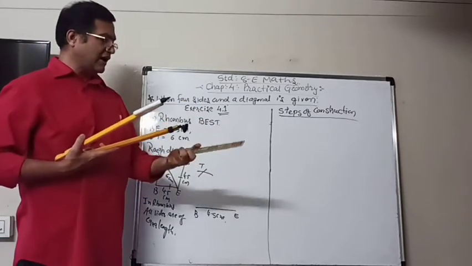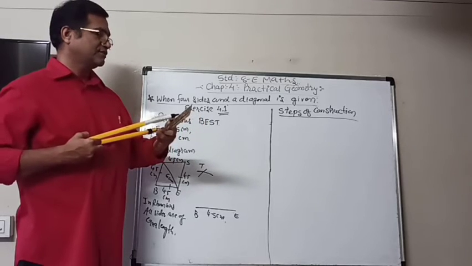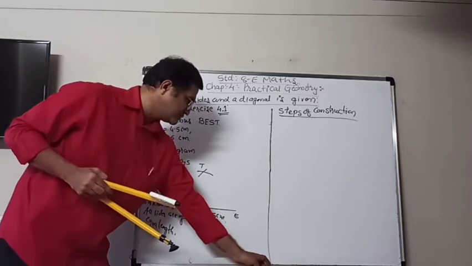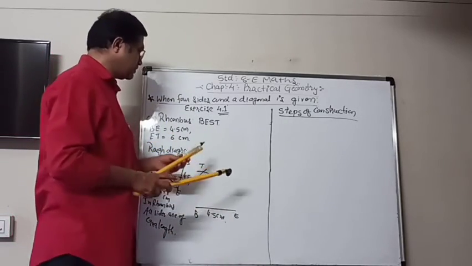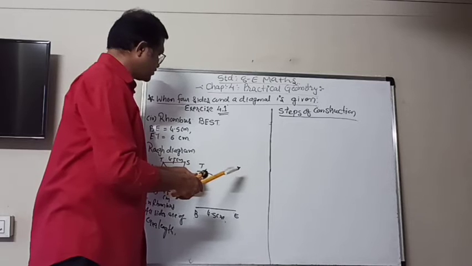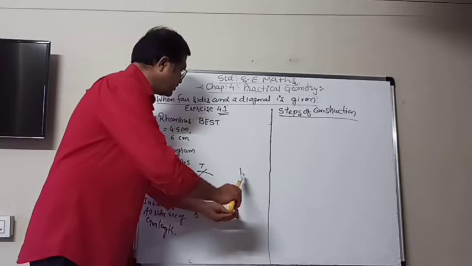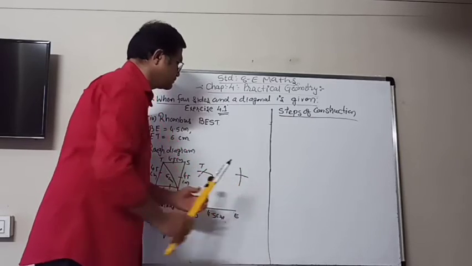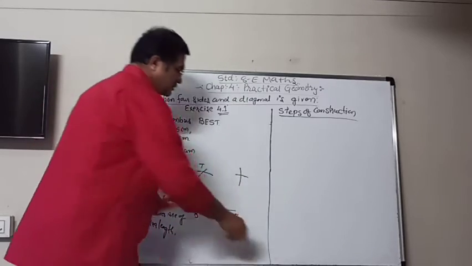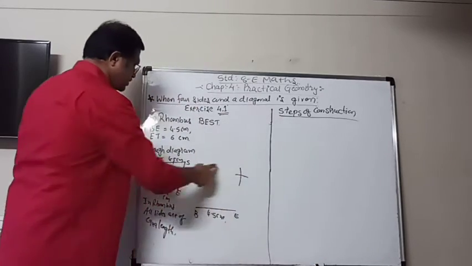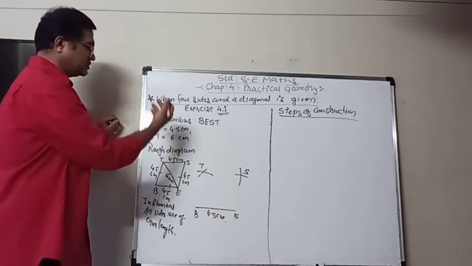So now again I will take 18 centimeter radius, and from both the points, means from point T and from point E. So first I will draw from point T and then from point E. So now here we will give the name according to the figure, S. So that is your base ready.